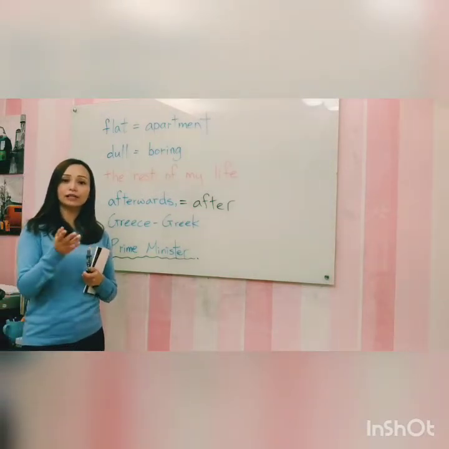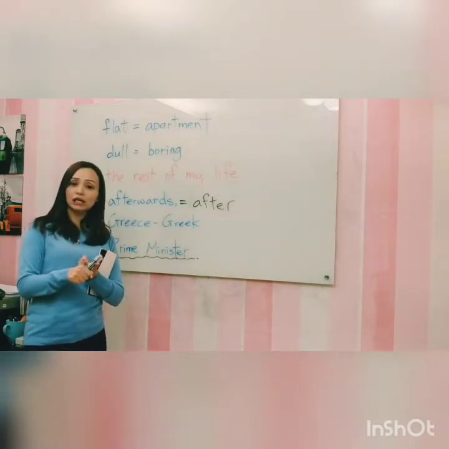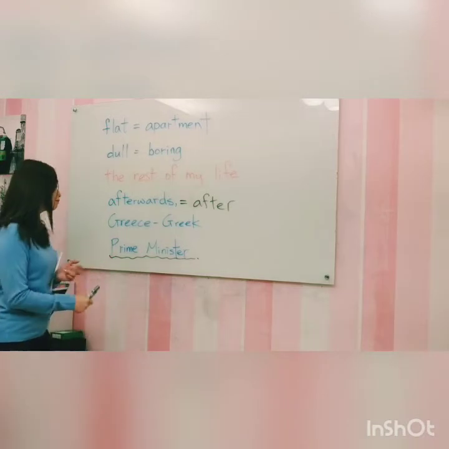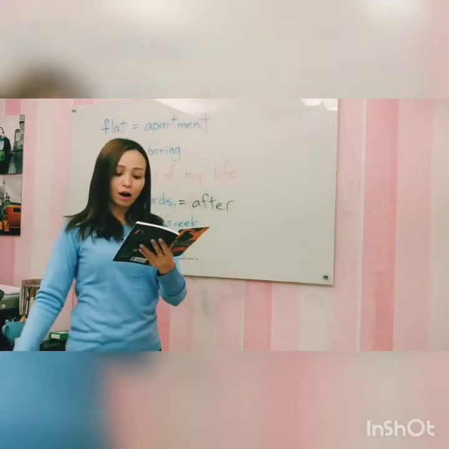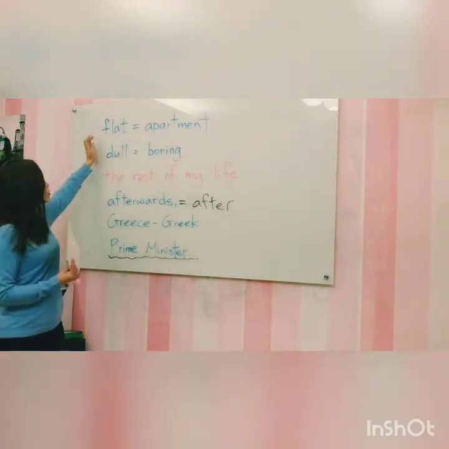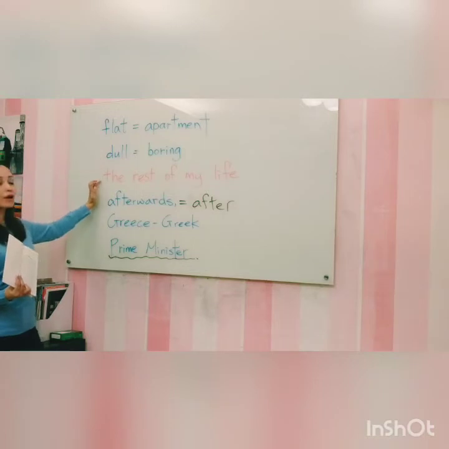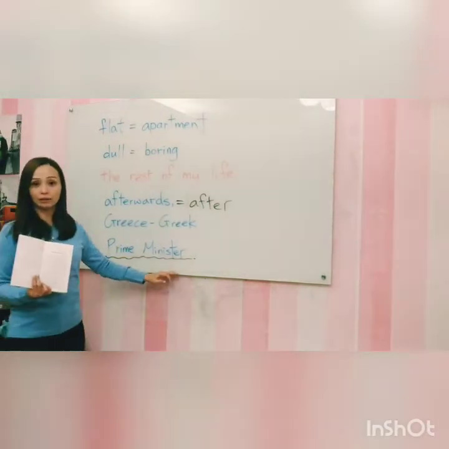Countries like Australia, New Zealand and Canada all have prime ministers. So on page 1, you should have highlighted these keywords: flat, dull, the rest of my life, afterwards, Greece or Greek, and Prime Minister.